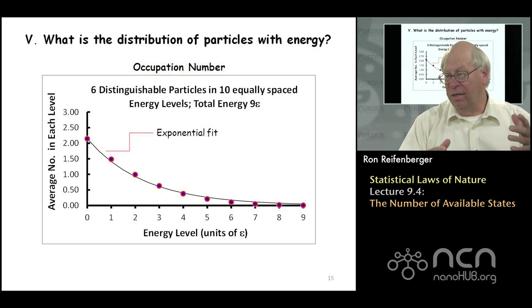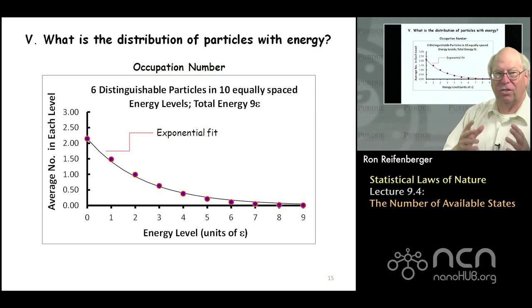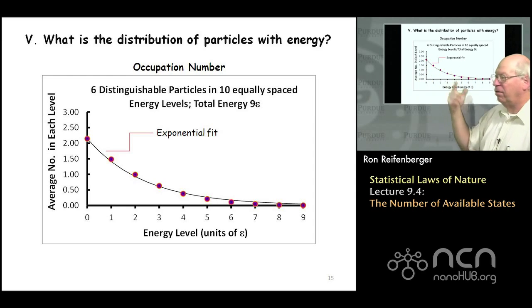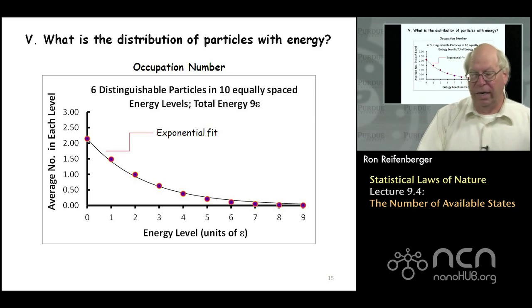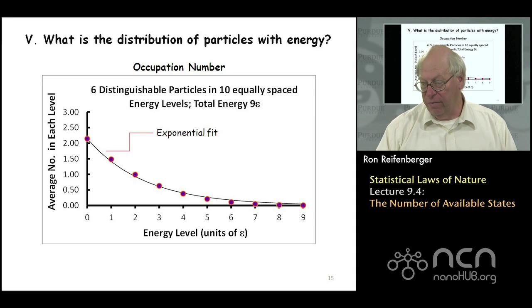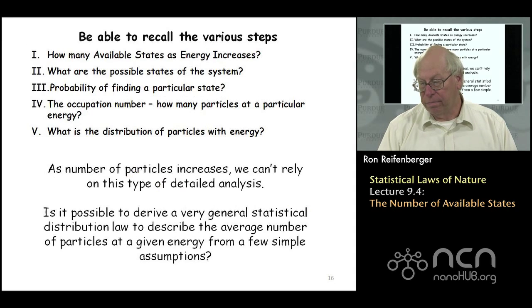So just 6 particles in a system where the total energy of those particles is constrained, right? The statistics of that are well enough defined to start to give you a very good approximation to an exponential fit. So that's a useful result of this calculation.